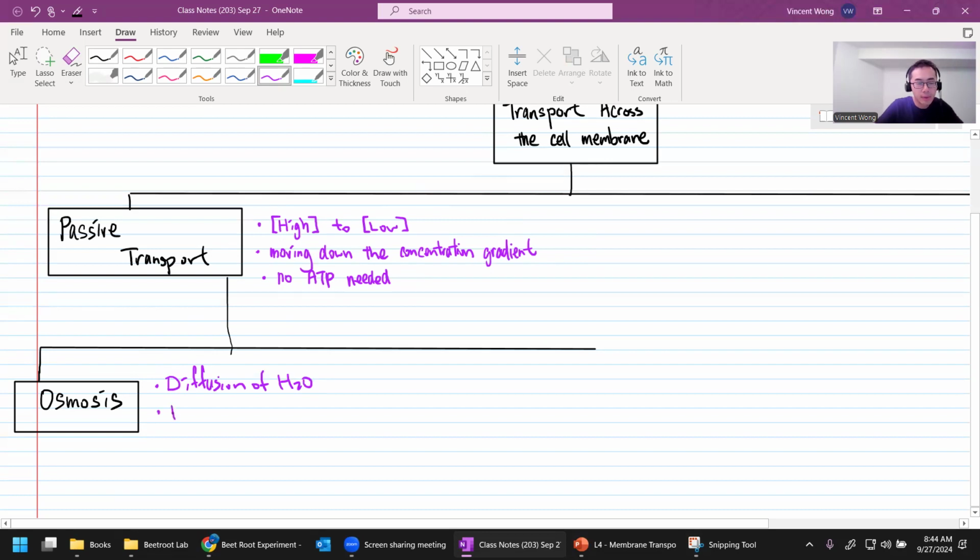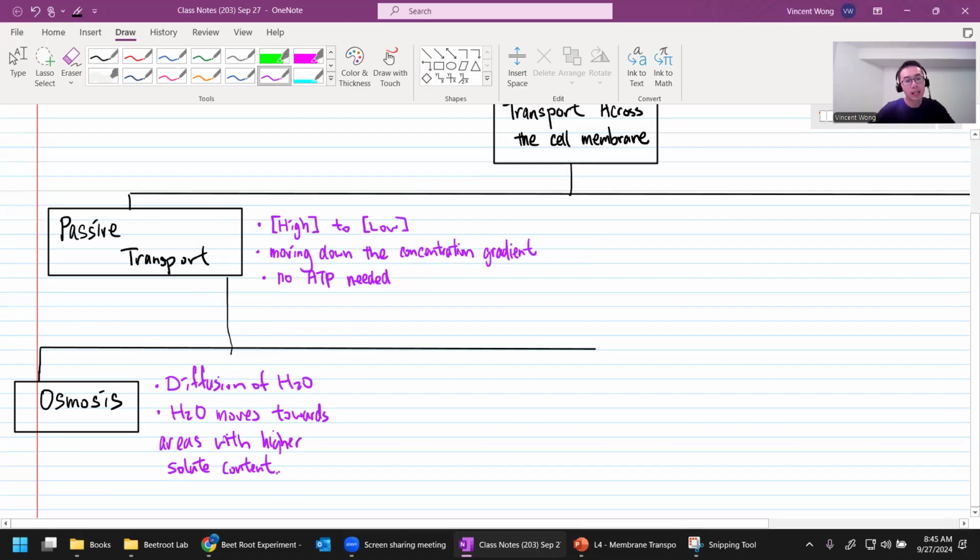And the key thing to remember is that water moves towards areas with higher solute content. Okay, it's going to be attracted to the salt.